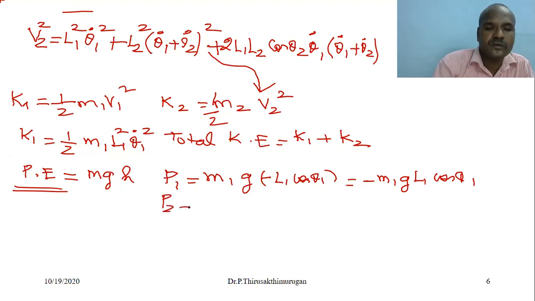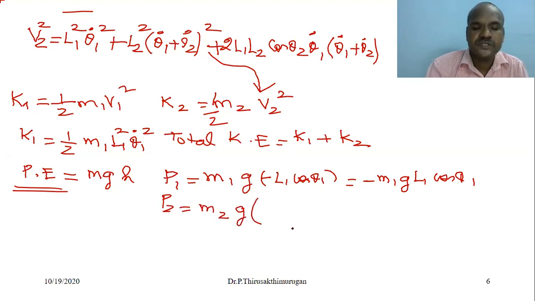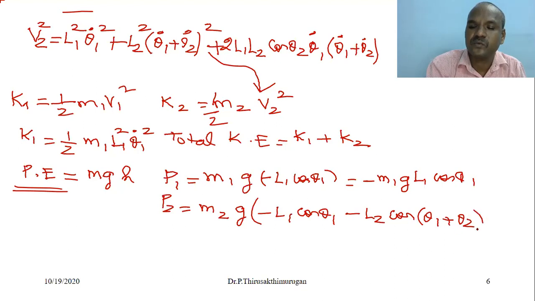P2 equal to M2 G, the height is minus L1 cos theta 1 minus L2 cos of theta 1 plus theta 2.